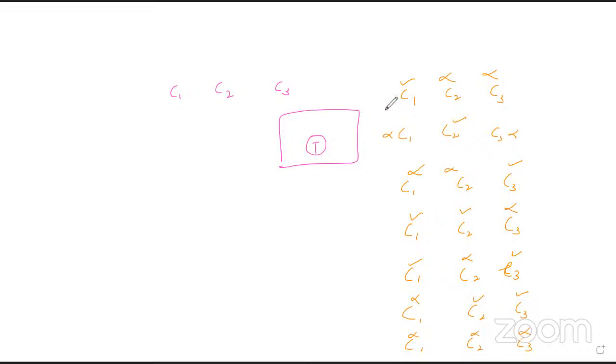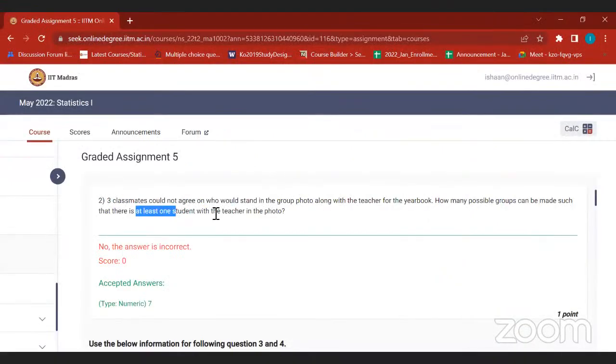So in general, each classmate has two ways for the photo. Either he or she will be in the photo or not in the photo, right? So in general, there should be 8 ways for 3 classmates. But the next statement of the question said that there is at least one student with the teacher in the photo.